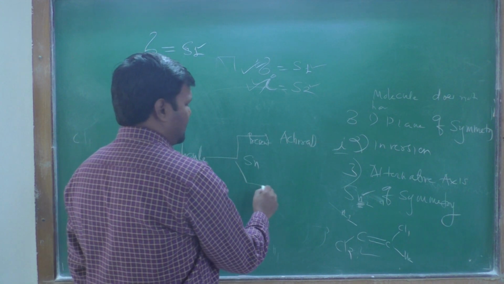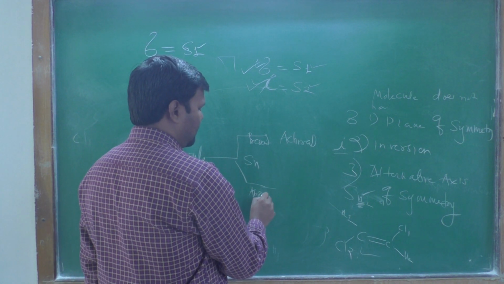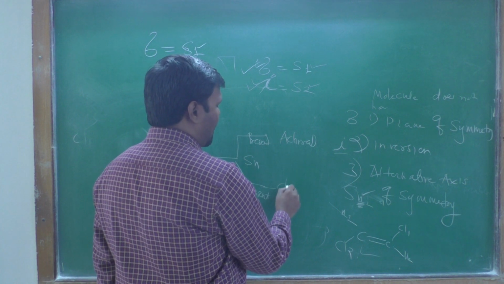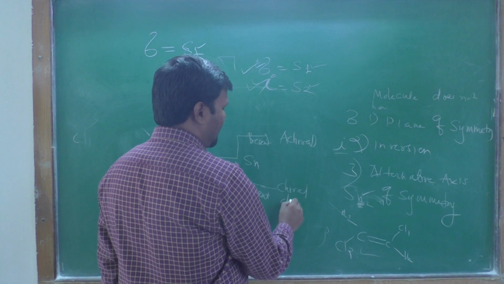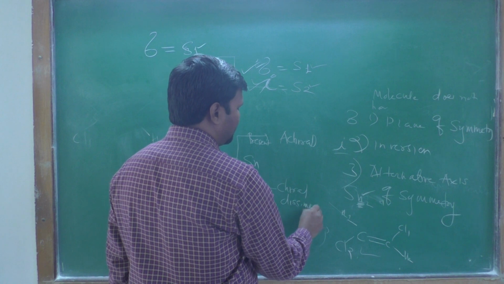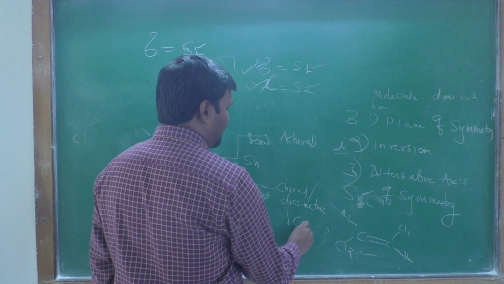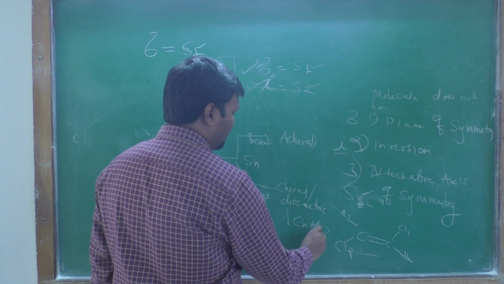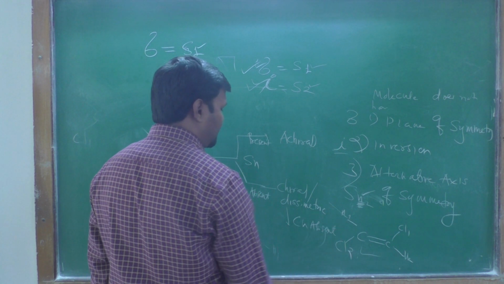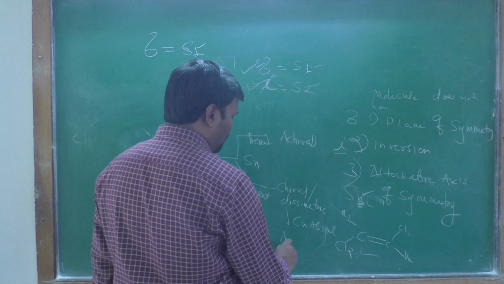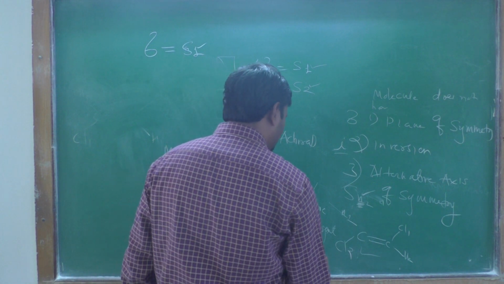If an SN axis is absent, then the molecule is chiral, also called dissymmetric. Chiral and dissymmetric are the same word. And if a CN axis is also absent, then the molecule is called asymmetric.